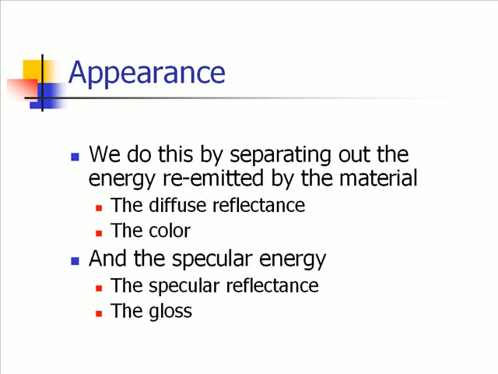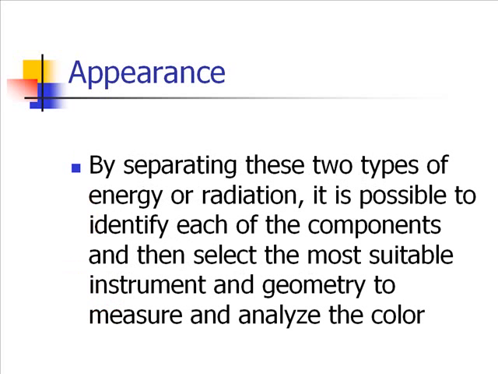So we can do this by separating out the energy re-emitted by the material into the diffuse reflectance, or the color, and the specular energy, the specular reflectance, the mirror-like reflectance off of the surface, or sometimes we call that the gloss. And there are instruments out there called gloss meters, where you can get an actual number on the gloss.